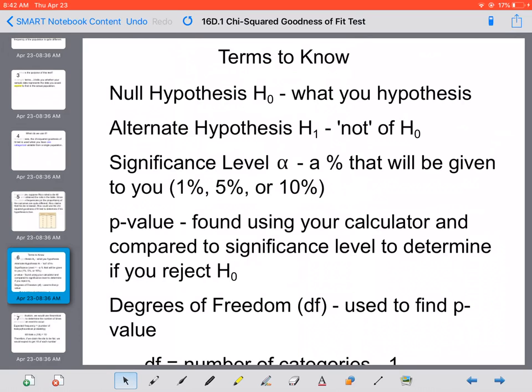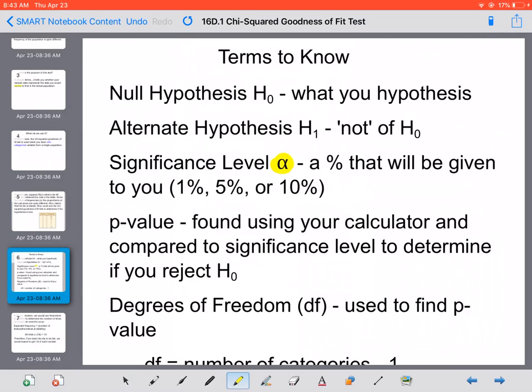Your significance level is denoted by our symbol of alpha, and it is a percentage that is given to you. So the significance level that is given is either going to be 1%, 5%, or 10%. Those are the only options that you will have to know. The p-value we are going to use our calculator to find, and we actually use that p-value and compare it to the significance level to determine if we are going to reject the null hypothesis or not.